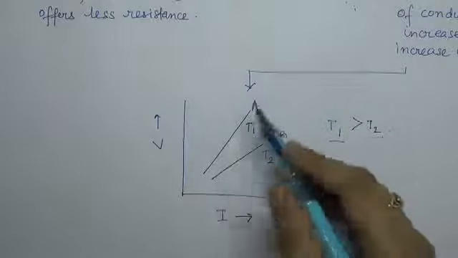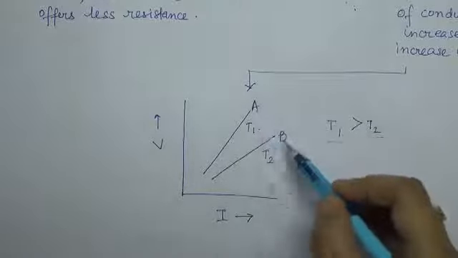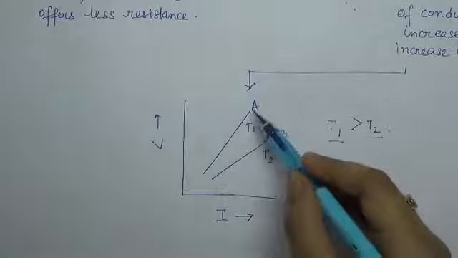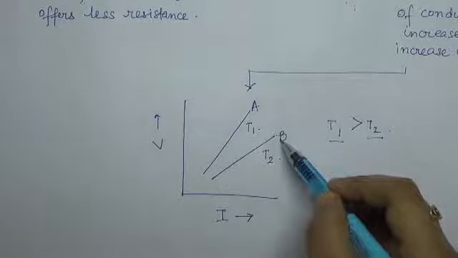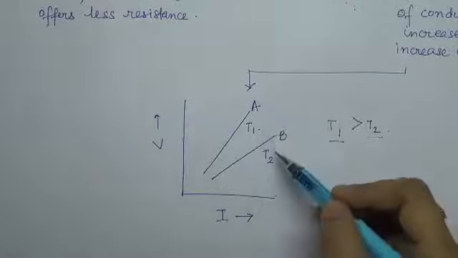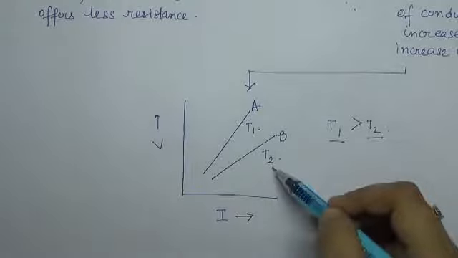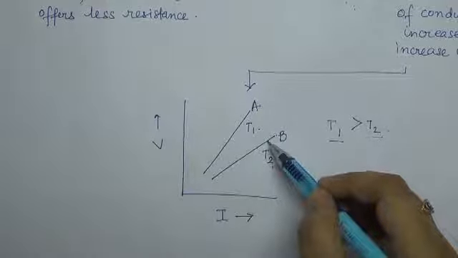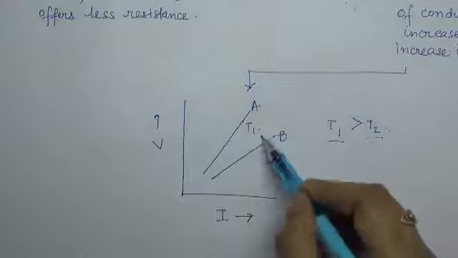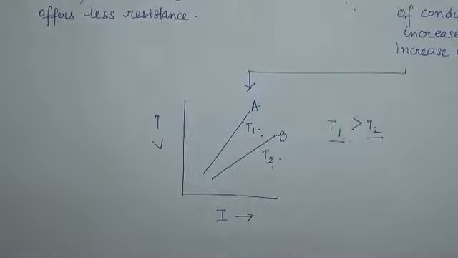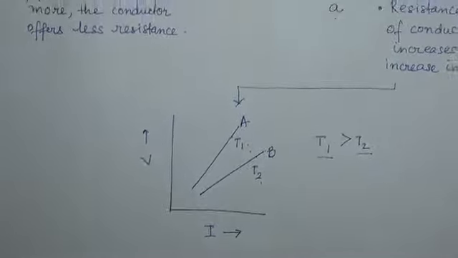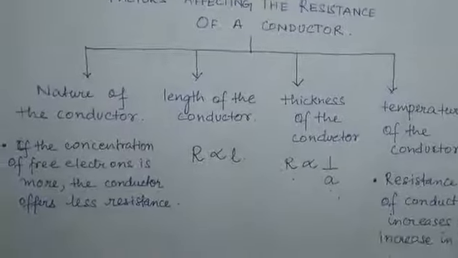If you compare A and B, the slope of B is lesser than that of A. So what we can say is that at a lesser temperature the resistance is also less, at a greater temperature the resistance is also more.